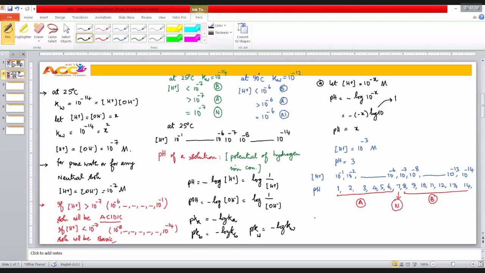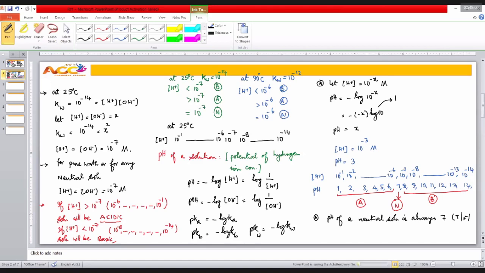But there is a beauty in this game to get 4 marks. The pH of a neutral solution is always 7. True or false?